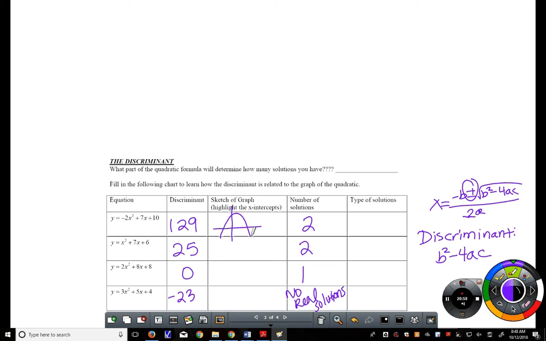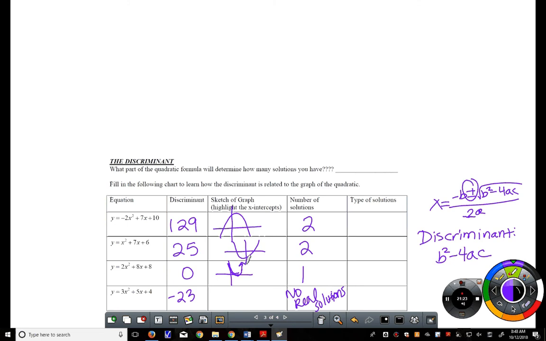This one also has 2 solutions, right? But this parabola is concave up, so it's going to look something like this. This parabola has 1 solution. It's concave up, so it has to hit the x-axis right at the vertex. I'm trying really hard, but my pen is not lined up.